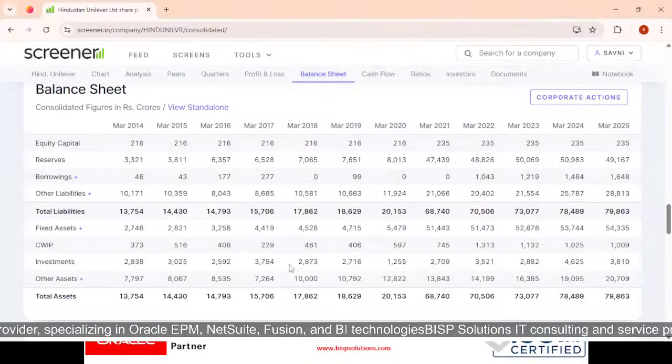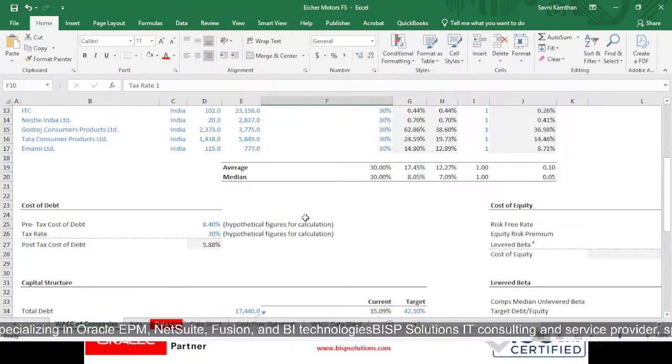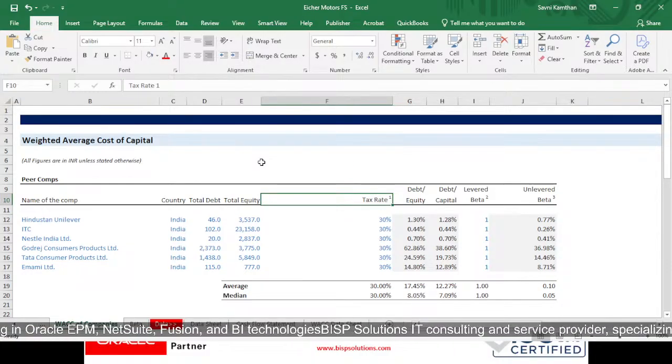With this particular WACC which we have already calculated, we are analyzing WACC using real data from Indian companies like Hindustan Unilever, ITC and Nestle India. This comparison helps us understand how much of their capital is funded by debt and how risky their businesses are based on beta.